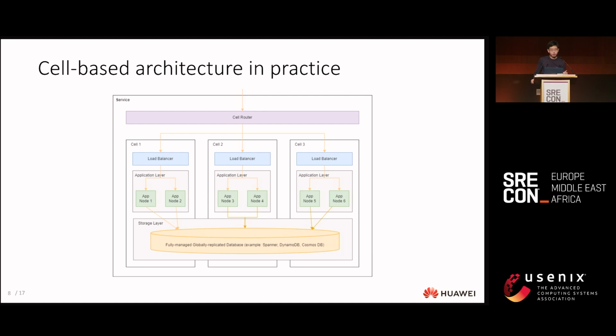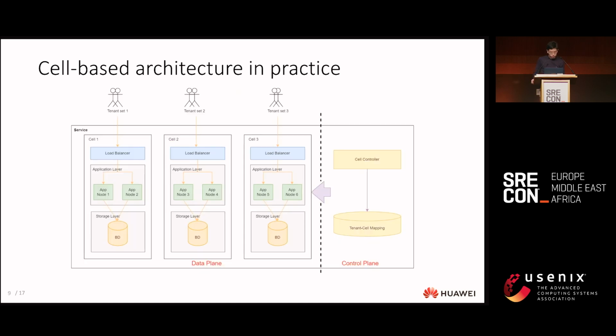The stateless layer is the most straightforward layer to implement cell-based architecture, offloading the complexity of data synchronization to a storage layer. It may depend on some dedicated database, for example Google Spanner, DynamoDB, or Cosmos DB, which provide global, cross-AZ data synchronization capabilities. This simplifies your implementation.